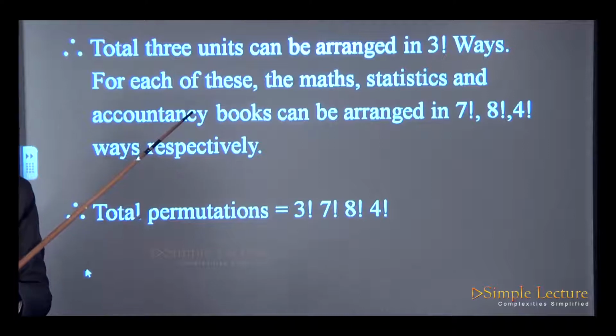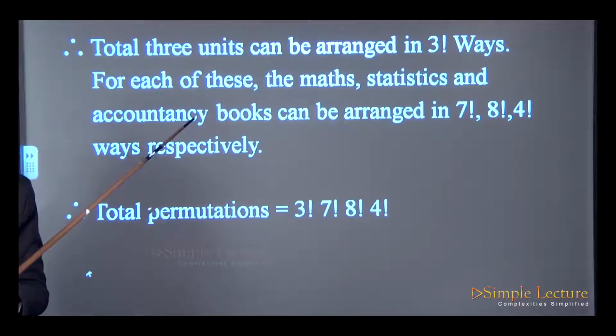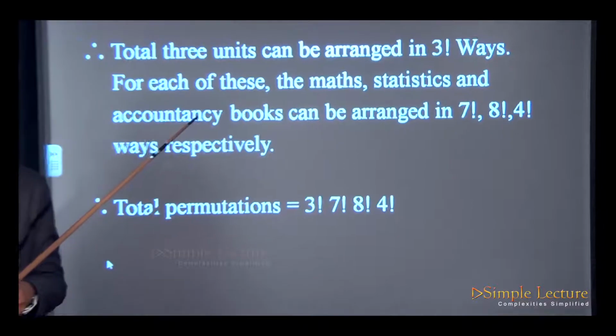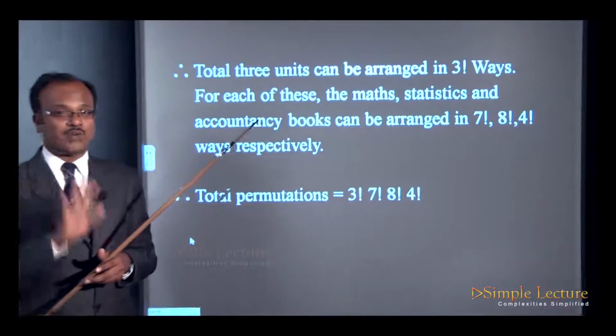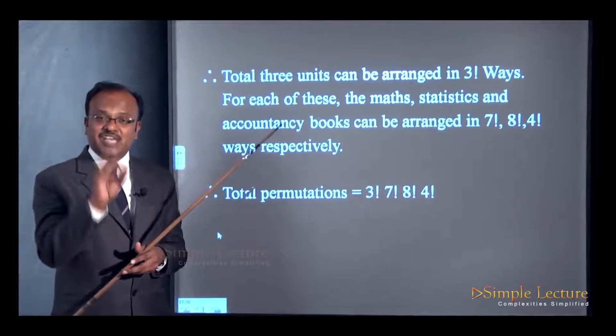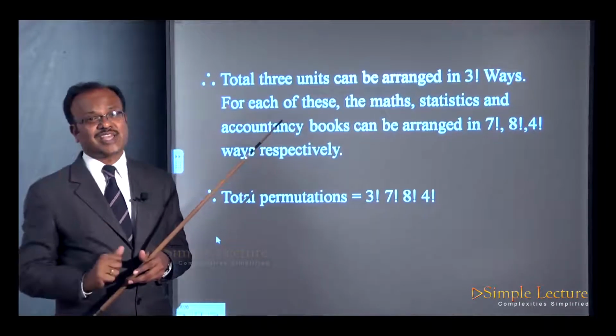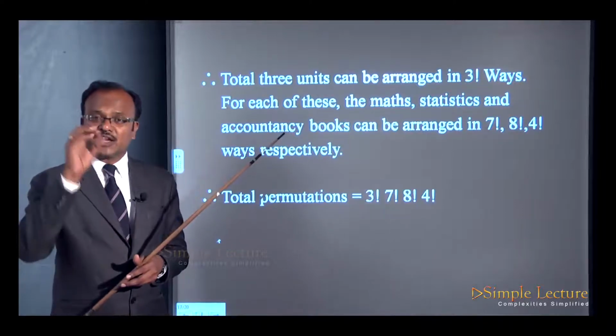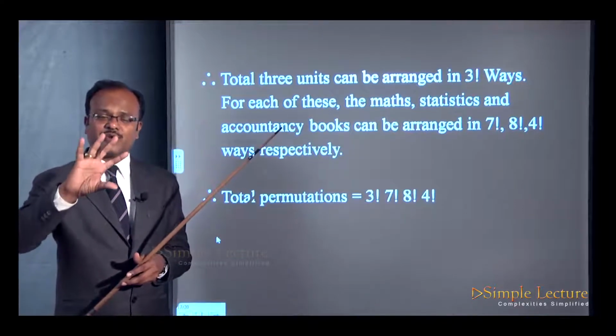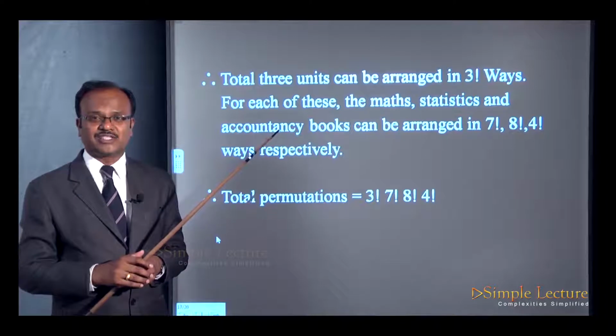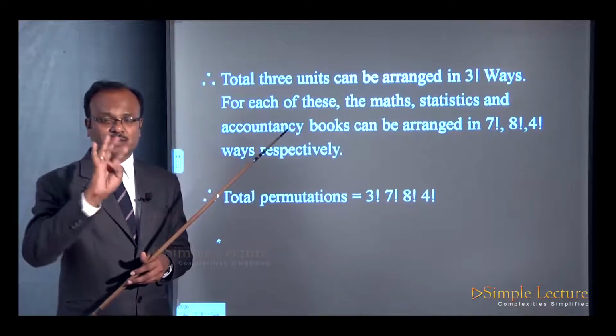The maths books will be together, but they can change their places among themselves. We have not mentioned that whatever way you arrange, it is once for all. So, 7 books can be further arranged in 7 factorial ways. Similarly, 8 statistics books can be arranged in 8 factorial ways and 4 accountancy books in 4 factorial ways.